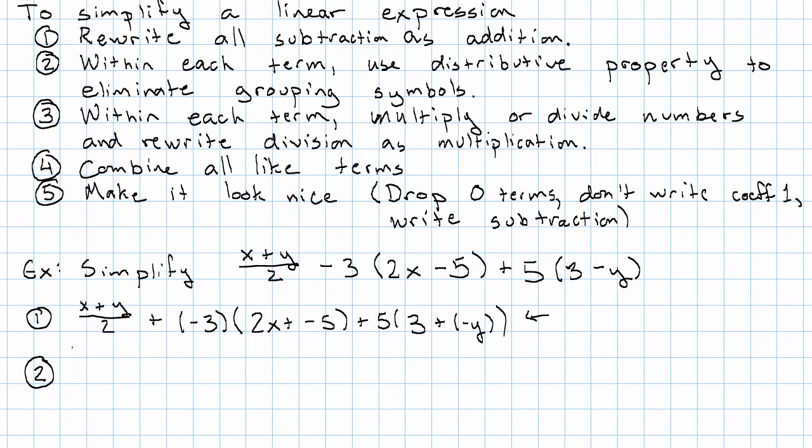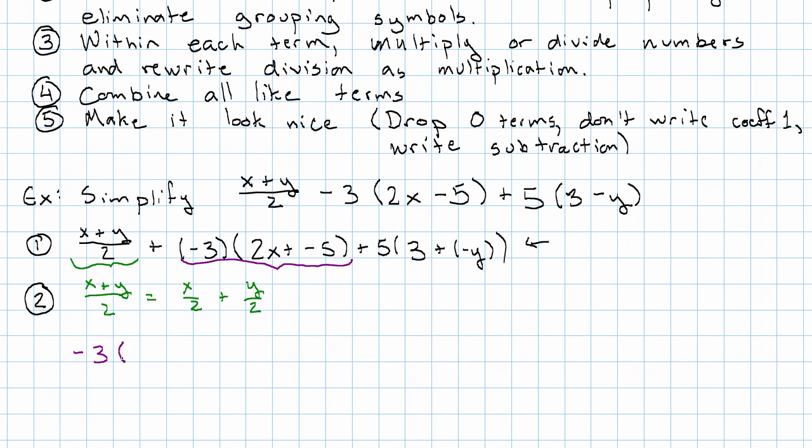Okay, now I'm going to work within each term. (x plus y) over 2 is x over 2 plus y over 2. Negative 3 times (2x plus negative 5) is negative 3 times 2x plus negative 3 times negative 5.